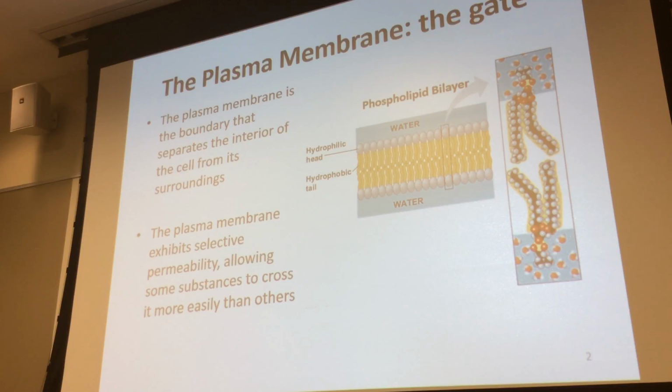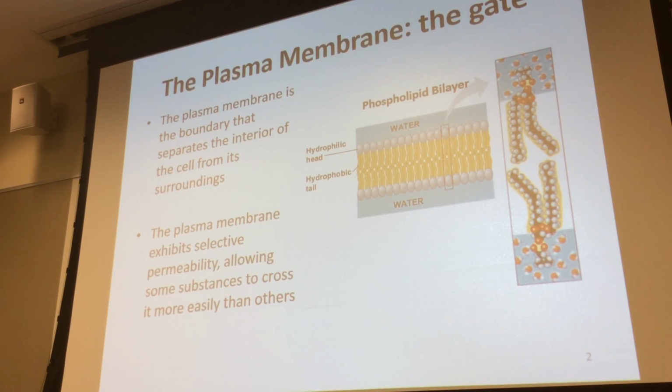The plasma membrane is the boundary that separates the interior of the cell from the surrounding environment. It is primarily composed of phospholipids, which form the so-called lipid bilayer. See, this is one layer on top, this is one layer, this is extracellular, this is intracellular. We call this the lipid bilayer, which is due to the phospholipids stacking.